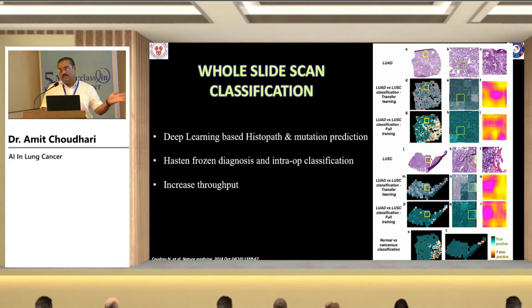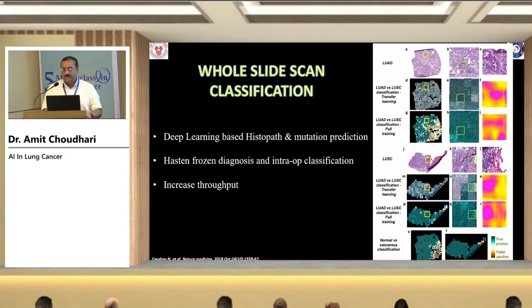Moving on from imaging to pathology, again, artificial neural networks, or rather convolutional neural networks, have a big role as far as whole slide scans reading is concerned. This is especially true in the setting of frozen section or giving an intraoperative diagnosis, because at times it can be really difficult without the use of immunohistochemical techniques to come down to an accurate diagnosis on frozen section and intra-op settings.